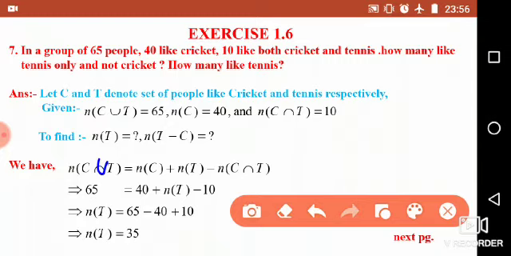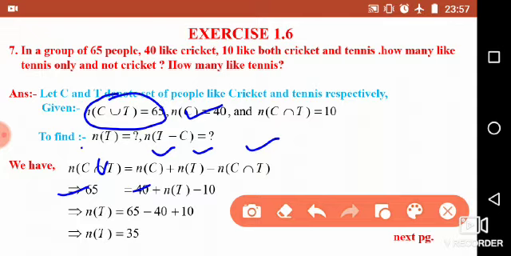We have been given n of C union T is equal to 65, n of C is equal to 40, we should find n of T, the people who like tennis, and the people who like tennis and cricket are 10.